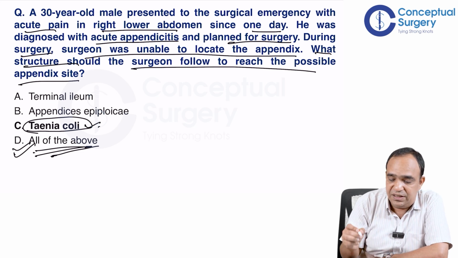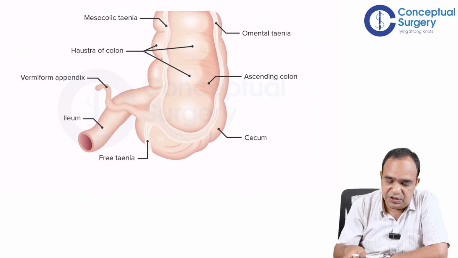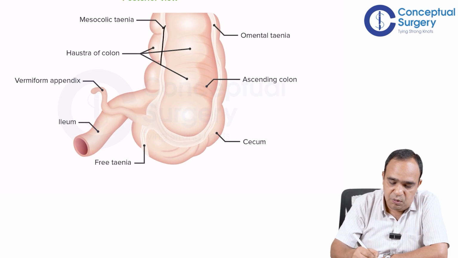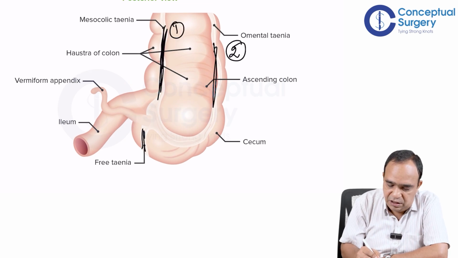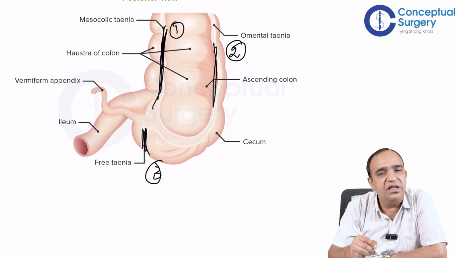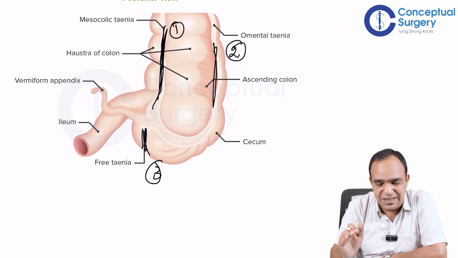Okay, tinea coli, the 3 tinea coli, I'll show you the picture. Yeah, that's a picture. See, that's number 1, 2, and that's a third one. The 3 tinea coli running on the colon. Entire colon has tinea coli, appendices epiploicae.